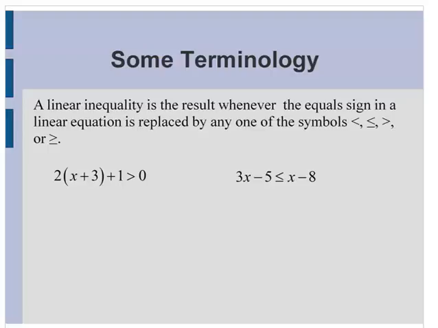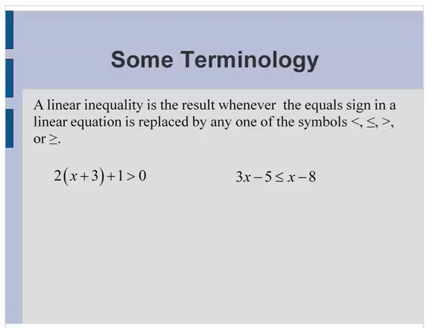A linear inequality is the result whenever the equal sign in a linear equation is replaced by any one of the symbols less than, less than or equal to, greater than, or greater than or equal to. For example, the statement 2 times the quantity x plus 3, plus 1, is greater than 0 is a linear inequality.